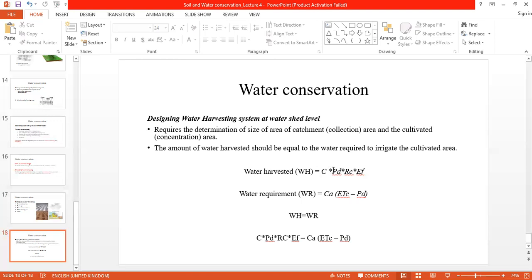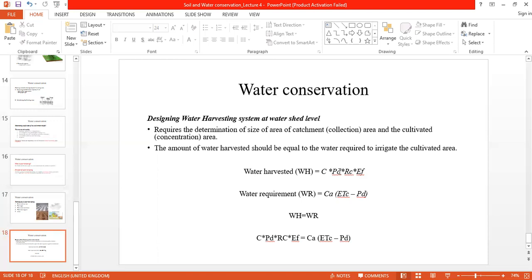You get a volume of water that comes to your farm or to your catchment. Out of that total volume, you now want to channel it to where you have planted your crops.